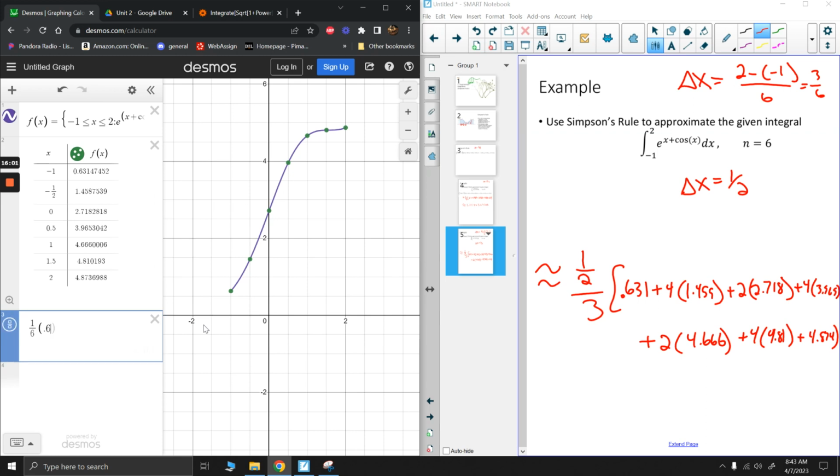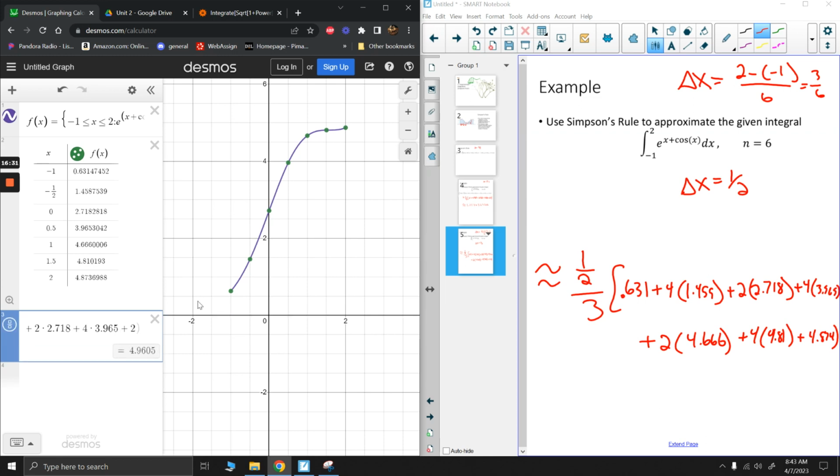Times our 0.631 plus 4 times our 1.459 plus 2 times 2.718 plus 4 times 3.965, excuse me. When I start writing smaller, it gets even worse. My handwriting's even worse then.